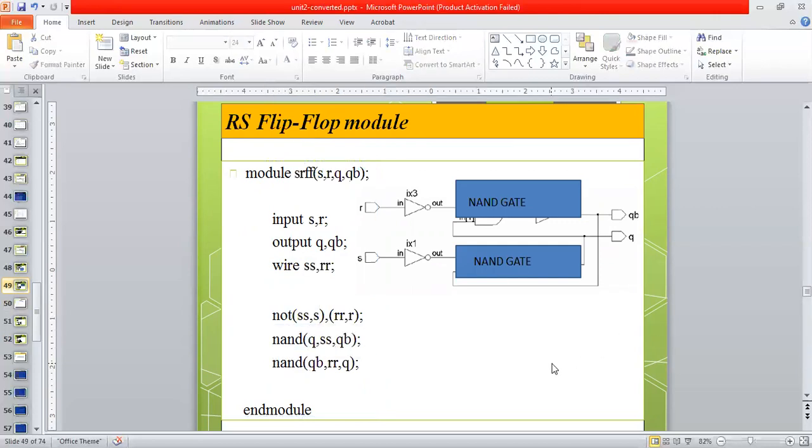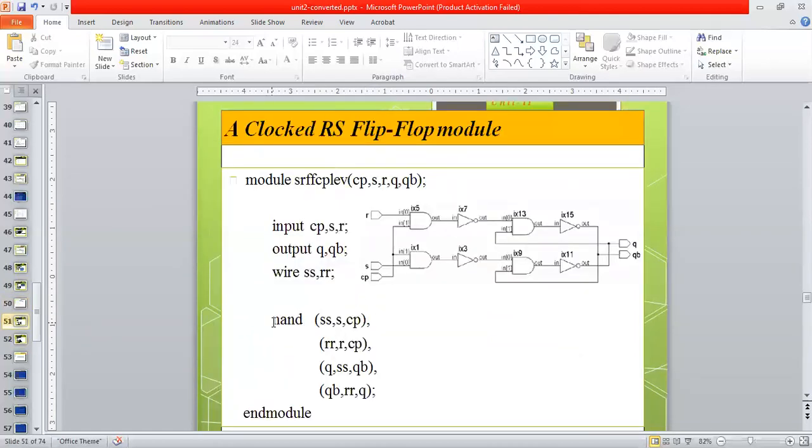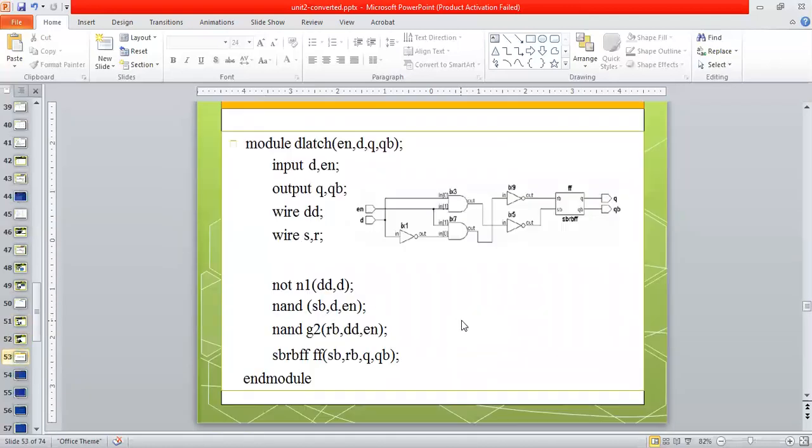So if you observe, these are also basic gates. That means by using the gates only, we can develop the digital logic function. This is known as gate level modeling.